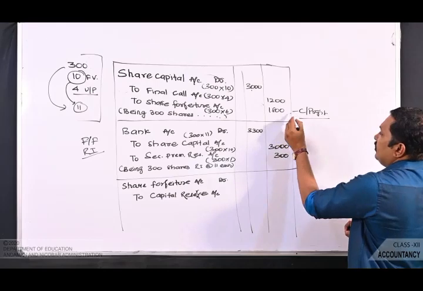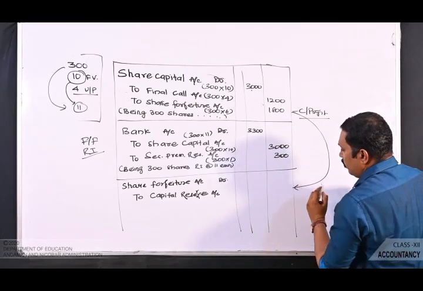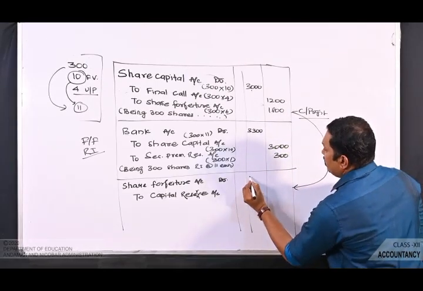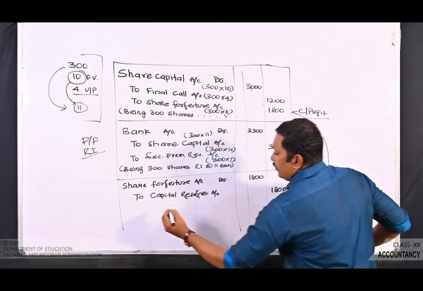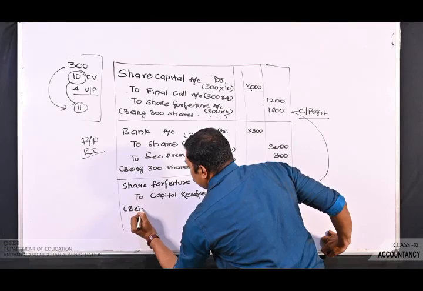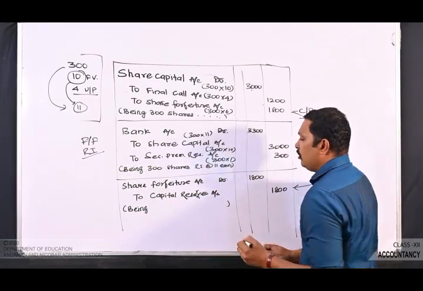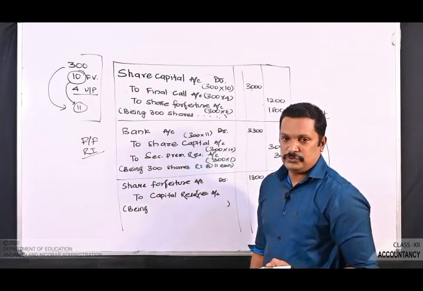How much? The same amount, the whole amount will be transferred to capital reserve, that is 1800. There is no capital loss, so no need to deduct. Being share forfeiture account transferred to capital reserve account.